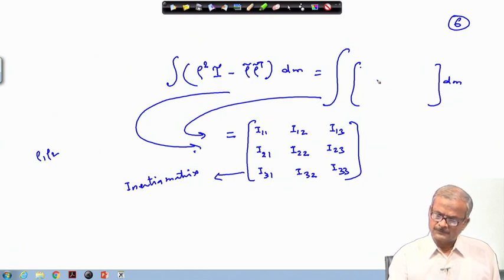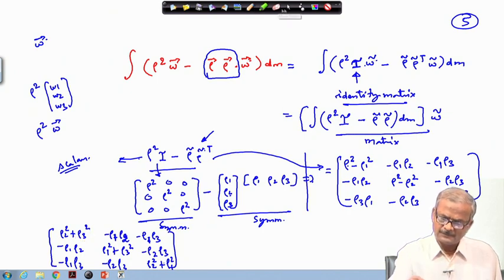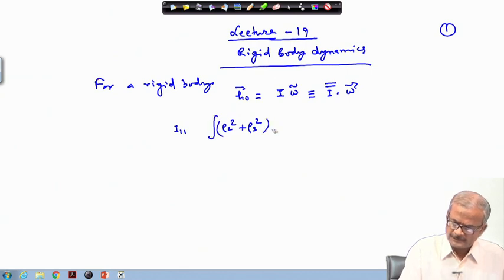Now the expressions which are entering here, we have obtained from these quantities, so we have integrated. If you look at the first one, I 1 we have written as the integral of rho 2 square plus rho 3 square dm. Similarly, I 2 is rho 1 rho 2 dm.